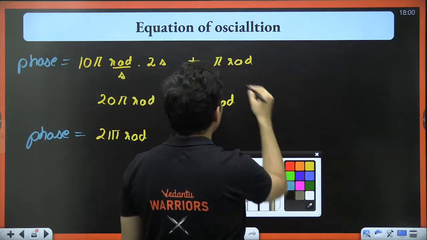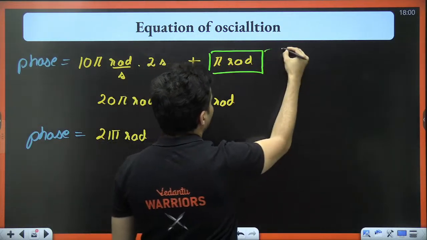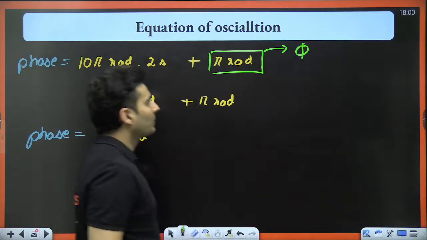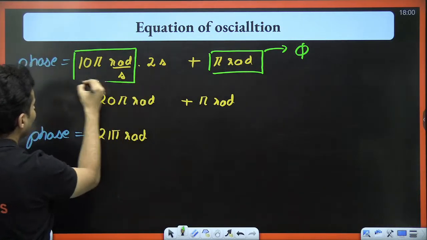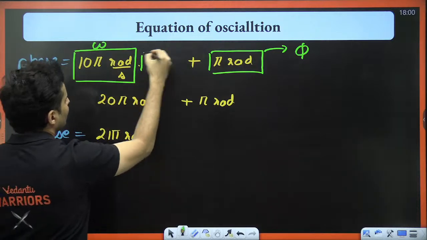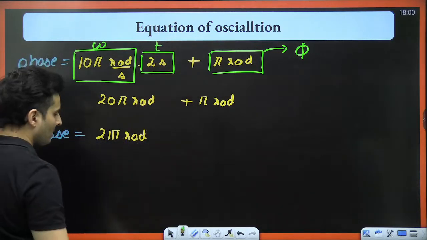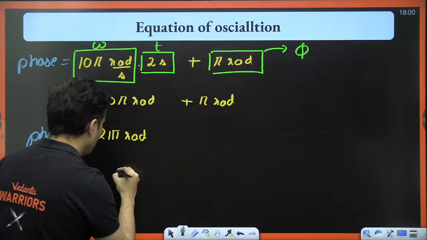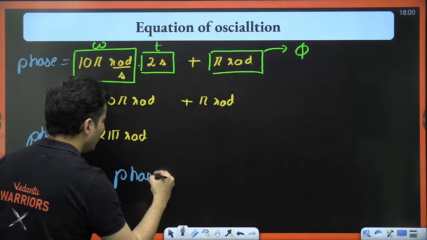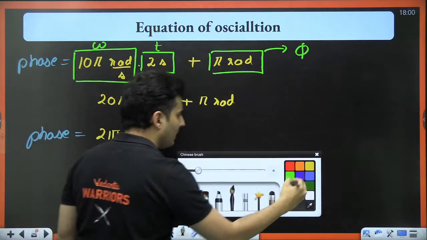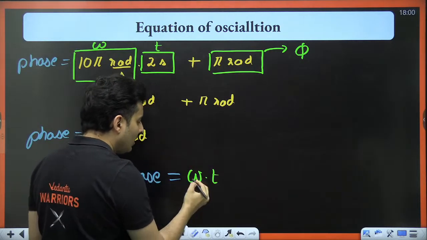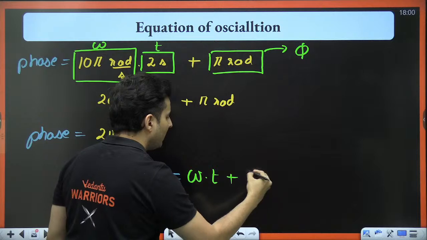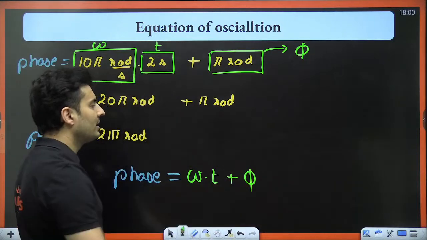And this one that you see over here, that is your phase constant. This one that you see over here is omega. This one you see over here is time. That is the reason why you will say that your phase is nothing but angular frequency into time, radians per second into second, plus your initial phase, which is phi.